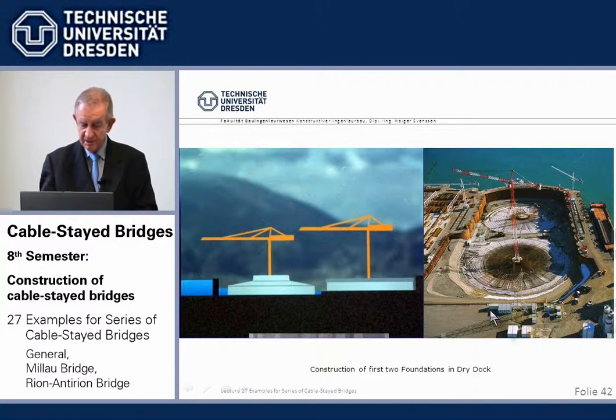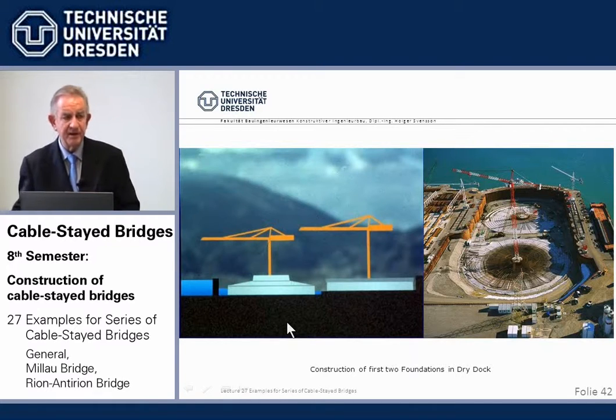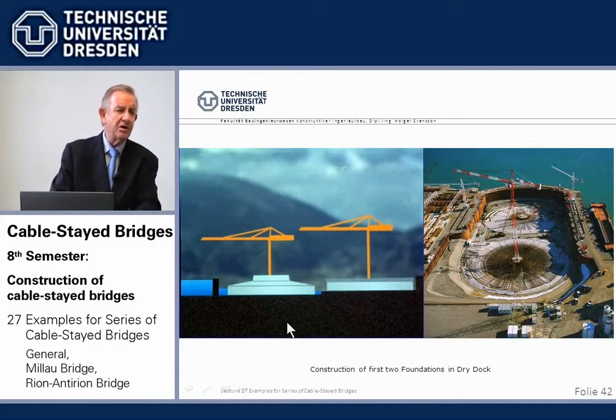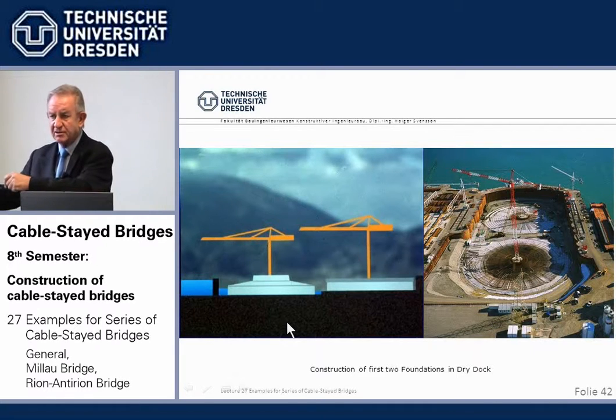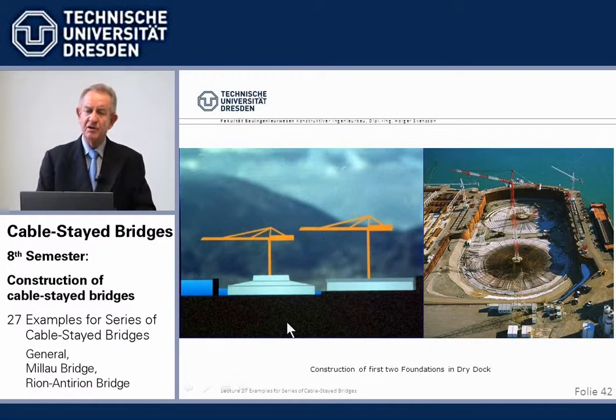And how do we produce that? Well, we use a dry dock. You know, a dry dock is traditionally used for building ships in the dry and then floating the ships out. And for the oil drilling islands in Norway, this technique has been quite often used, so it's also applied for bridges, nothing really new.